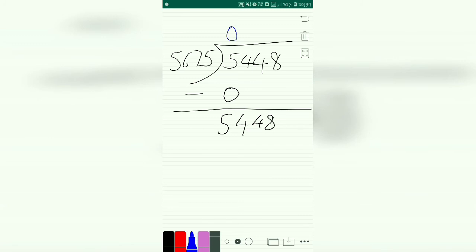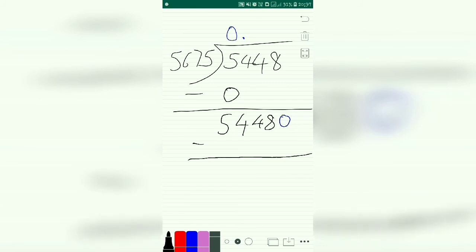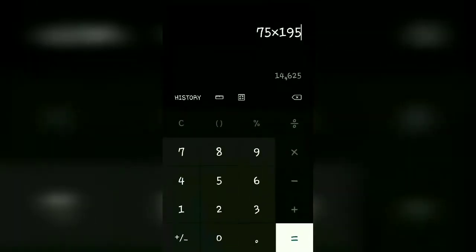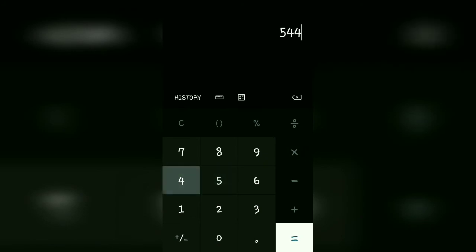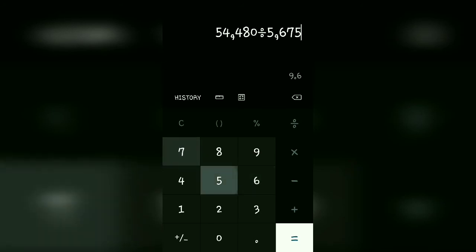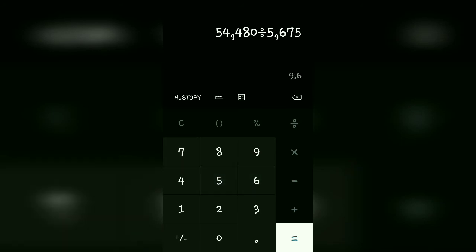After this, you can add a 0 over here, and with the 0 you also have to add a point in the quotient. After this, we can solve this, as this number becomes greater than the divisor. So now 54480 divided by 5675 becomes 9.6.